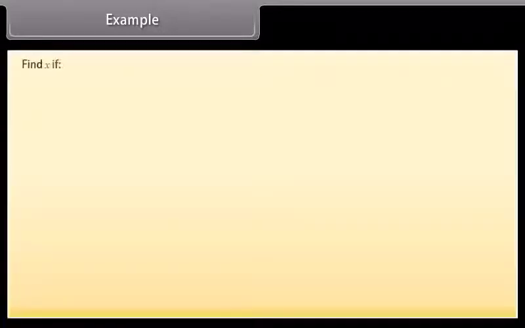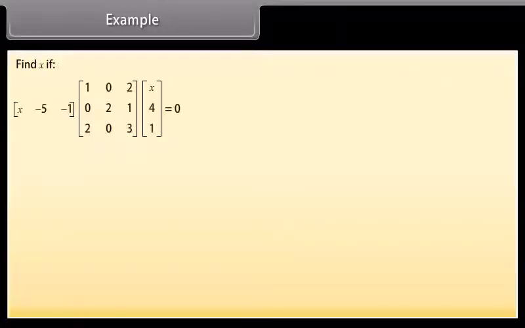Example. Find x if the matrix [x -5 -1] multiplied by the matrix with first row 1, 0, 2, second row 0, 2, 1, third row 2, 0, 3, multiplied by the matrix with rows x, 4, 1 is equal to 0.